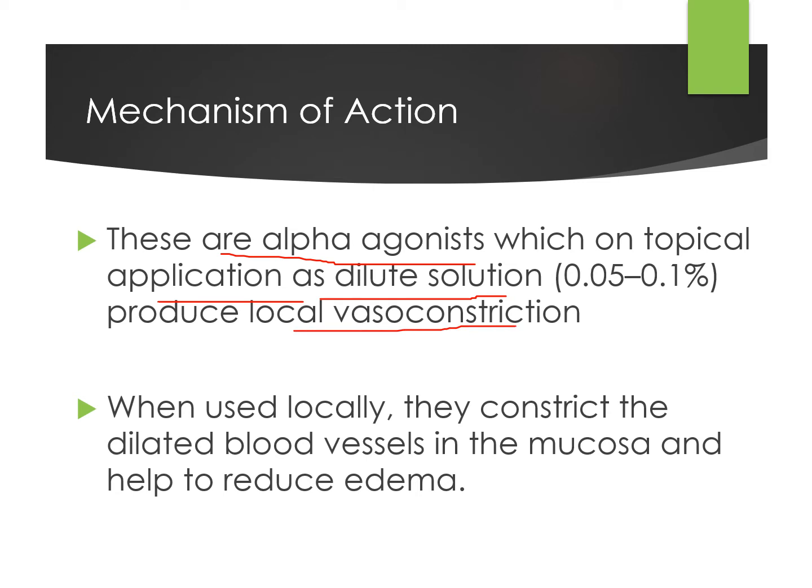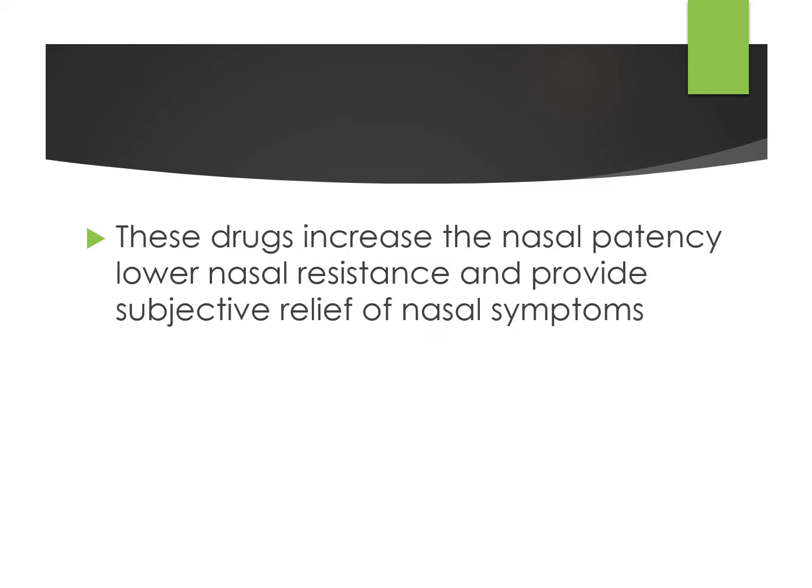When used locally, they constrict the dilated blood vessels in the mucosa of the nasal respiratory tract and help to reduce the swelling or edema, which increases nasal patency, lowers nasal resistance, and provides subjective relief of nasal symptoms.